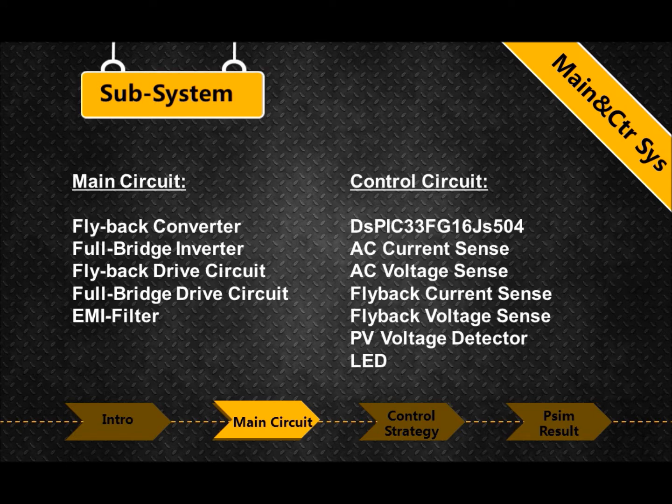And the corresponding control circuits consist of a DSP, dsPIC33FJ60GS405, an AC current sense, an AC voltage sense, a flyback current sense, a flyback voltage sense, and a PV voltage detector.